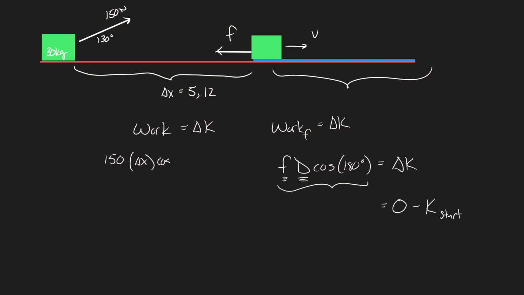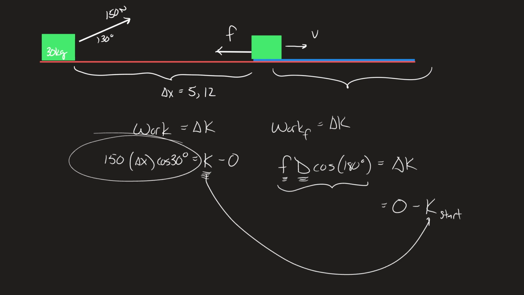Times the cosine of 30 degrees. And that has to equal the final kinetic energy minus 0. Isn't this kinetic energy this kinetic energy? The amount of kinetic energy it acquires by being pulled on by that force is going to be the amount of kinetic energy it has when it hits the part with friction and slows to rest. So that's the answer.